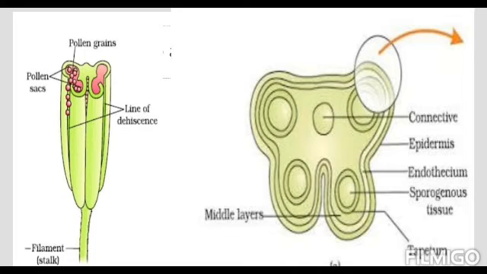The outermost layer is a single layer of cells which provides protection to the pollen sac. These cells are epidermal cells. Epidermal cells of a mature pollen sac are elongated and flat in the direction of the contact line, and this is the first layer of the pollen sac wall, termed the epidermis.